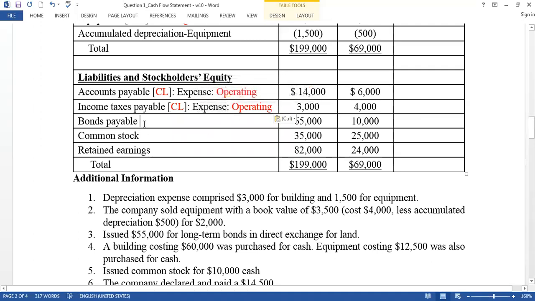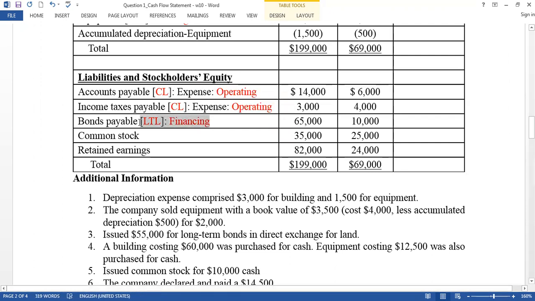What about bonds payable? Bonds payable is not a current liability. Bonds payable is a long-term liability, and it is related with financing activities.